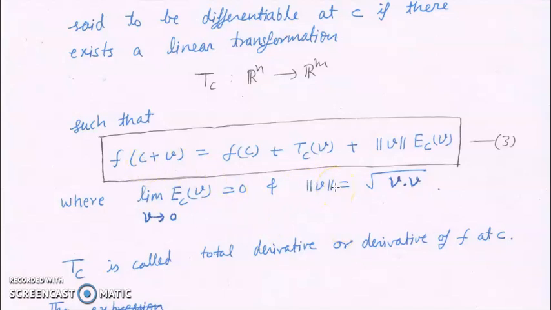We are not going to prove it, but it is a fact that if a linear transformation satisfies this equation, then that linear transformation is unique. So the derivative is unique. Any linear transformation which satisfies this equation will be the derivative of function f at c. And of course this Ec of v may be different for different functions.